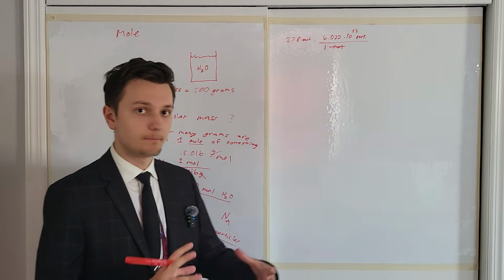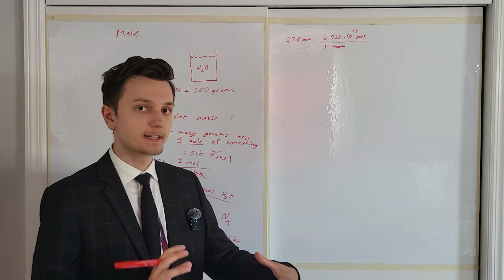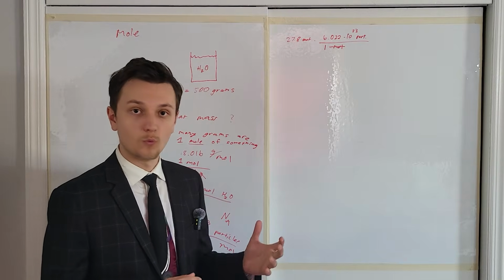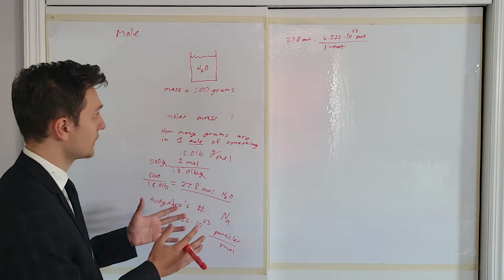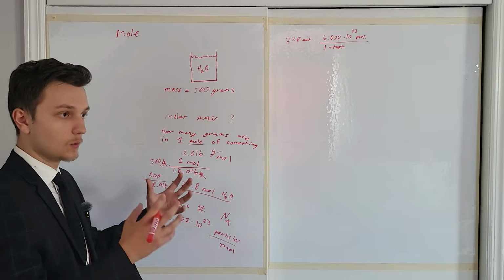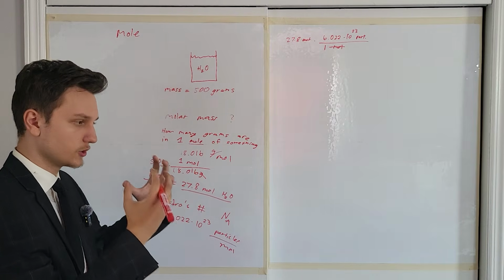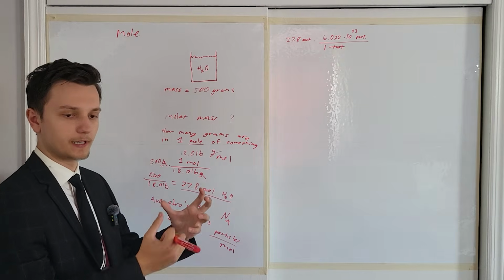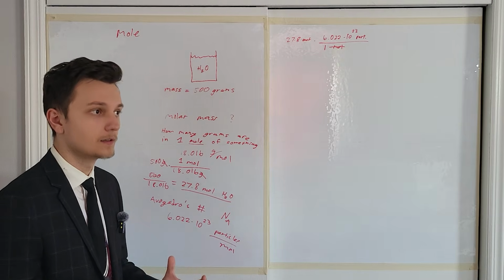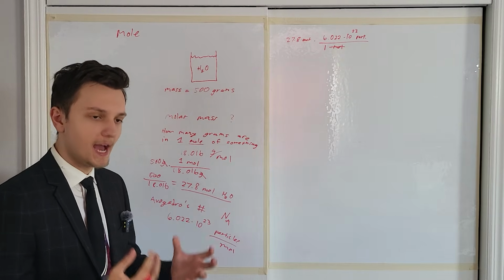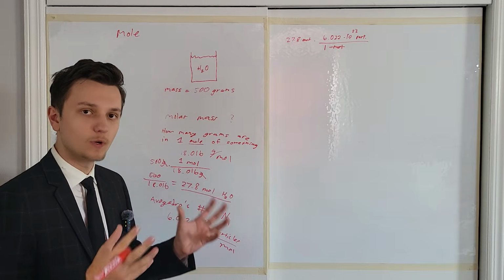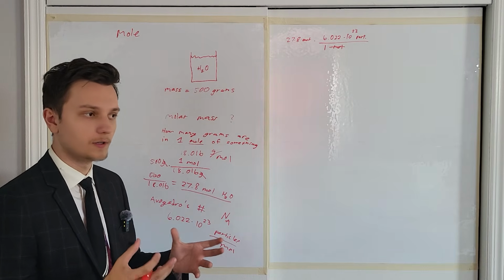Particles are different from mass, okay? Specifically, how they're different from mass is 1 particle of water or 1 molecule of water is 1 species. It's 2 hydrogens bonded to 1 oxygen, and it's that 1 molecule, okay? Your mass is how much matter is contained within your sample, okay?